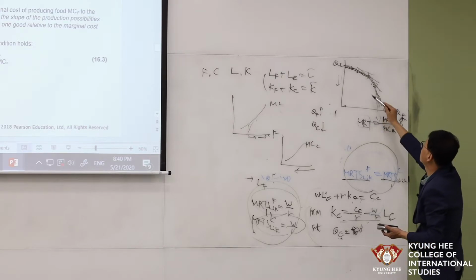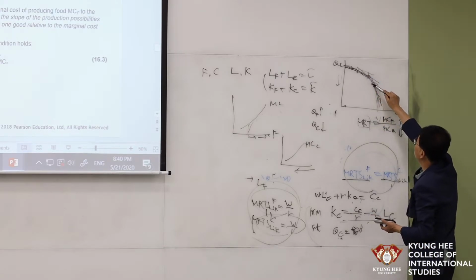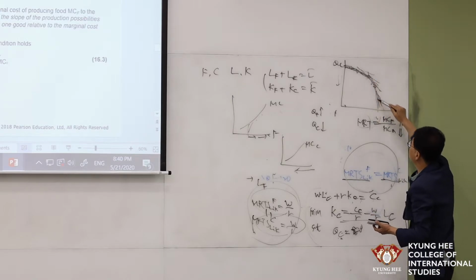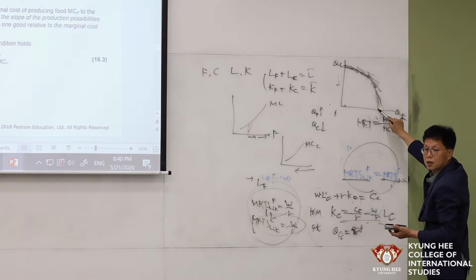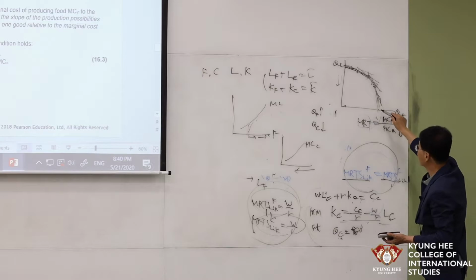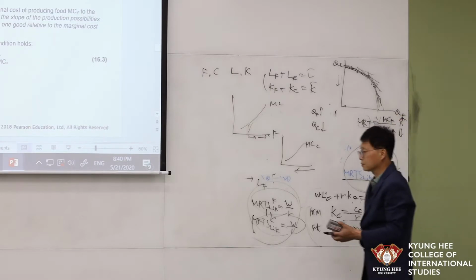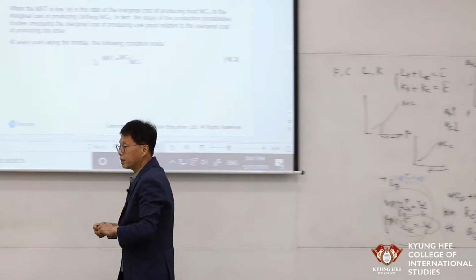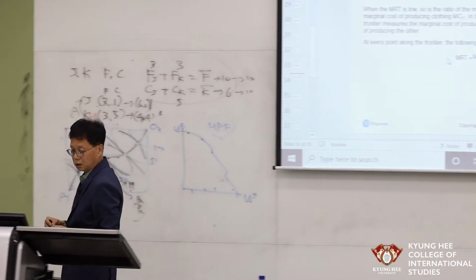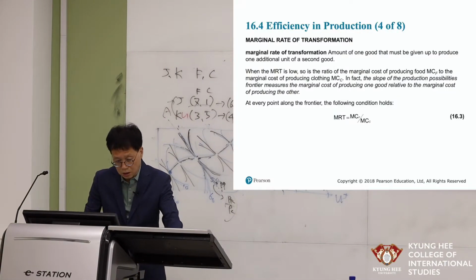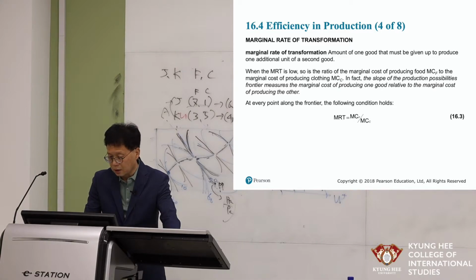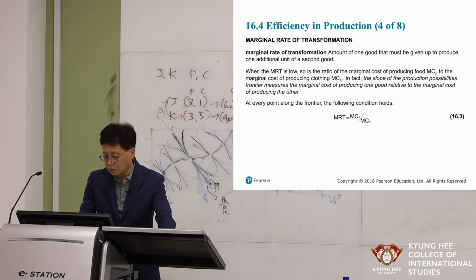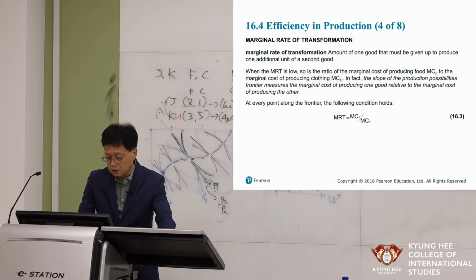So MRT increases and increases as we move from the left to the right, lower side, right? That is explained in slide number 33. And MRT is equal to MCF over MCC, equation 16.3.